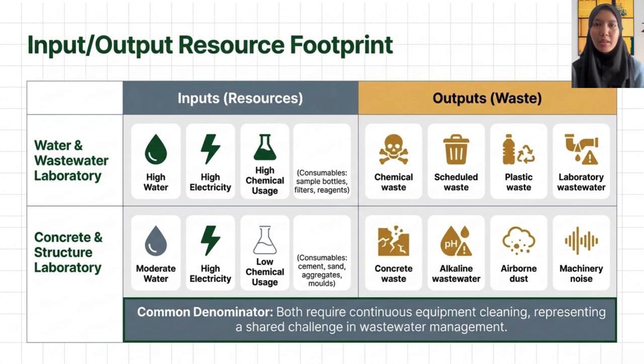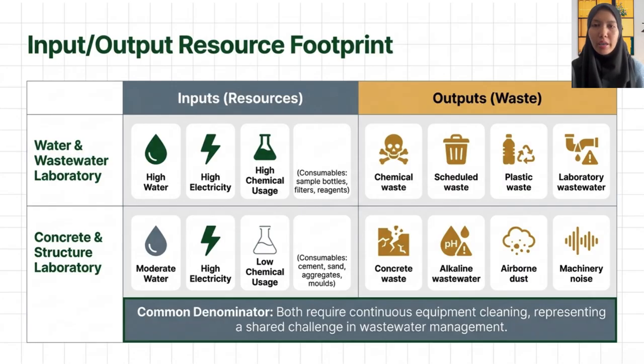This slide presents the resource input and waste output generated by both laboratories. For the Water and Wastewater Laboratory, the consumption of water, electricity and chemicals is relatively high. The laboratory generates chemical waste, scheduled waste, plastic waste and laboratory wastewater.